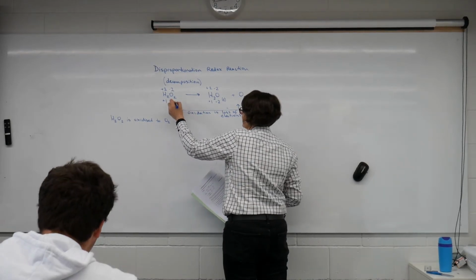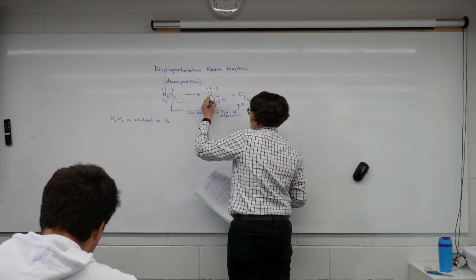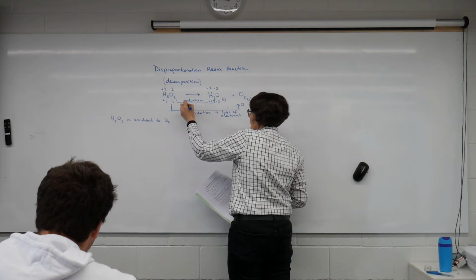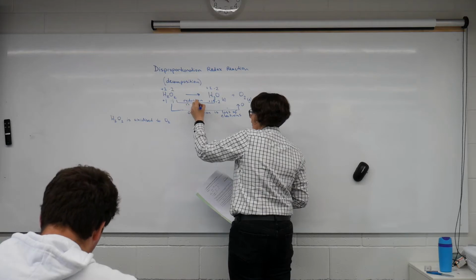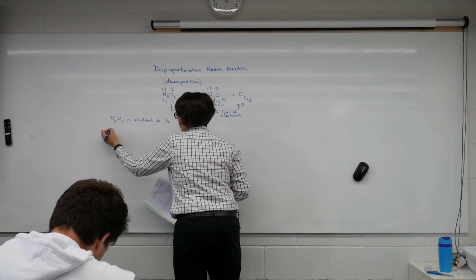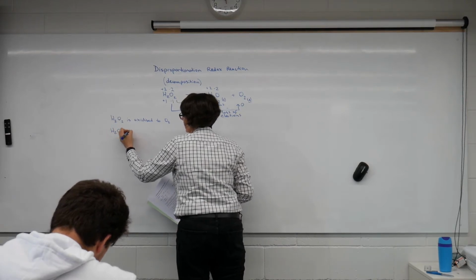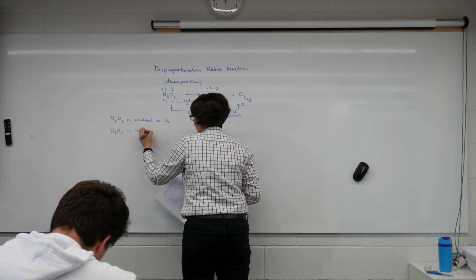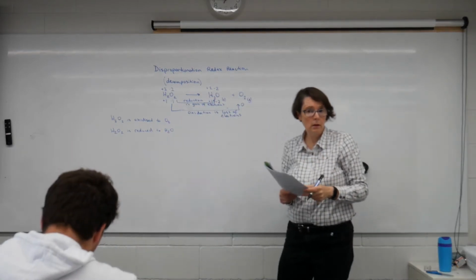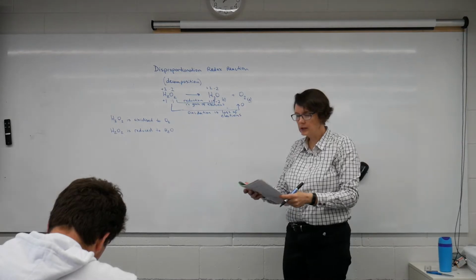Reduction is gain. So what we have here is reduction. And what we can say then is that the hydrogen peroxide is reduced to water. Okay, does that make sense?